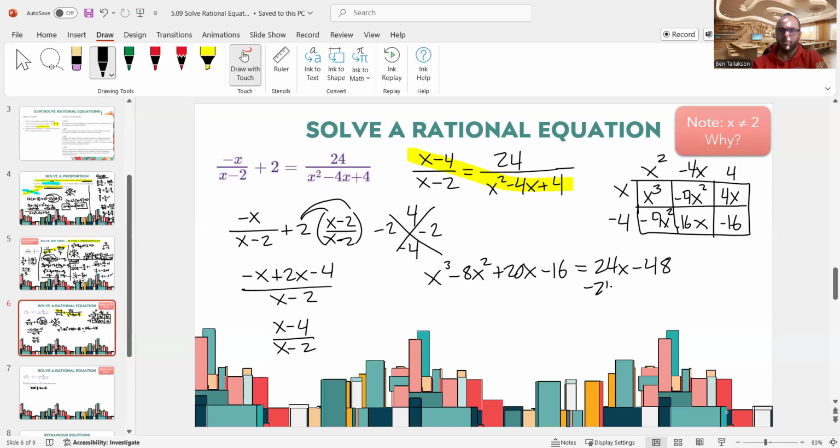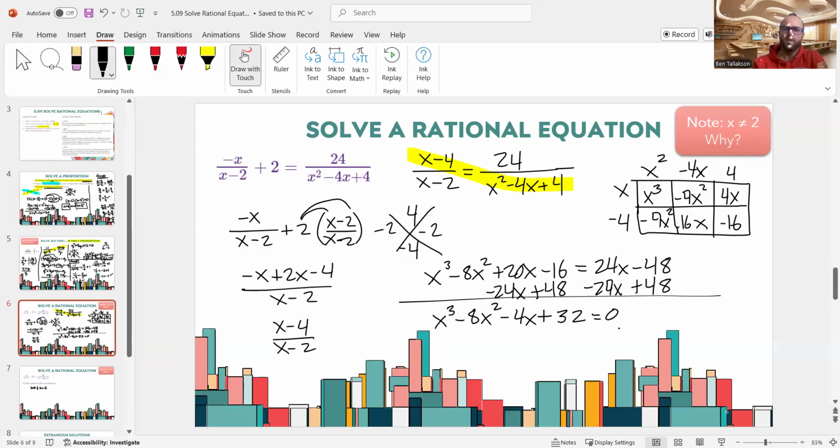Okay, let's combine like terms and see what happens. So we have a cubic function still. We're going to get minus 4x plus, what is that, 32, I believe. Okay, well, we have four terms. Factoring by grouping might be our best friend.